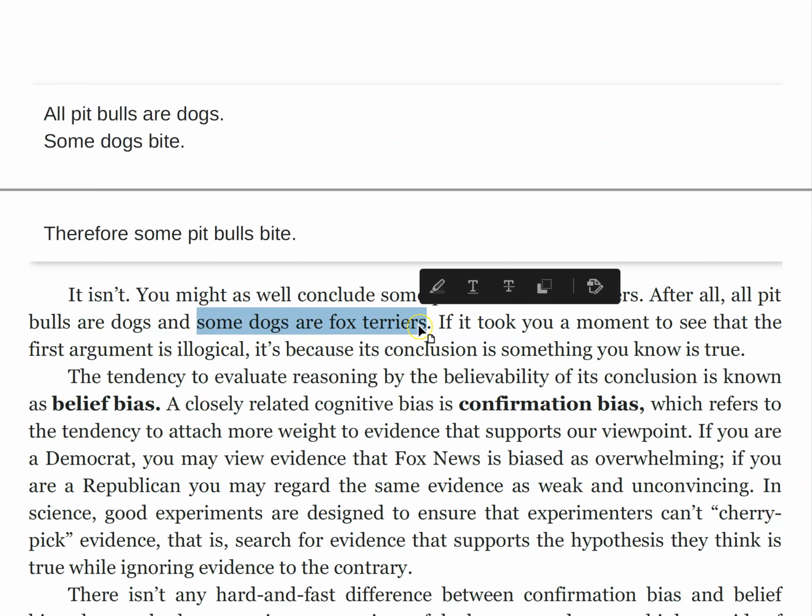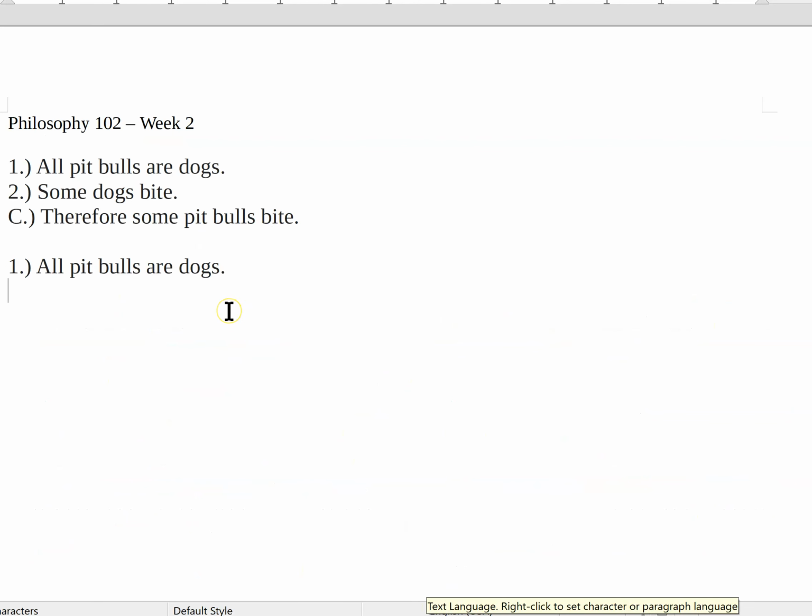Some dogs are fox terriers. And that looks very similar to premise number 2, right? It's a statement about some of this earlier category, right?